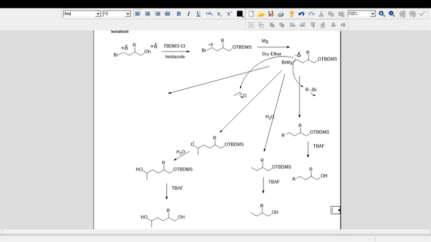I hope, dear viewers, that you could have followed all these examples, and now it is clear to you when to protect the hydroxyl group and when not to protect it. So in all these examples, we were required to first carry out protection of the hydroxyl group and then proceed towards our desired modifications.